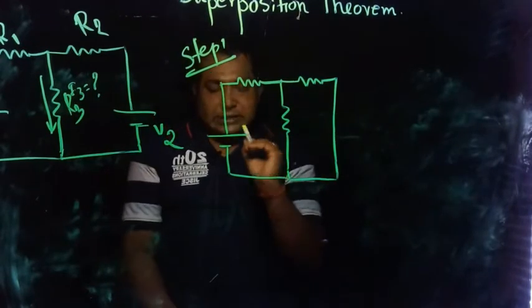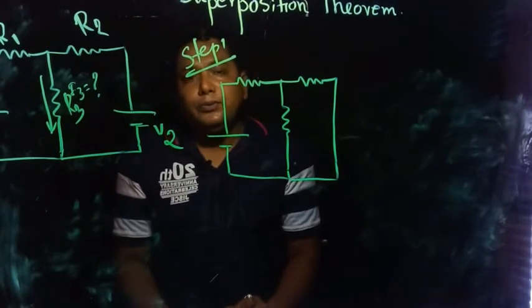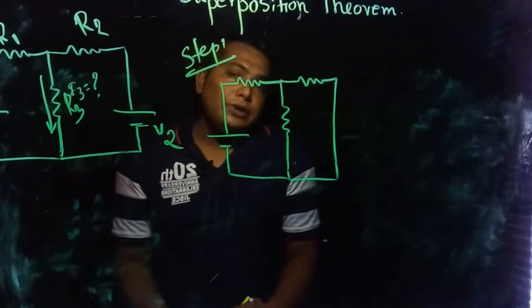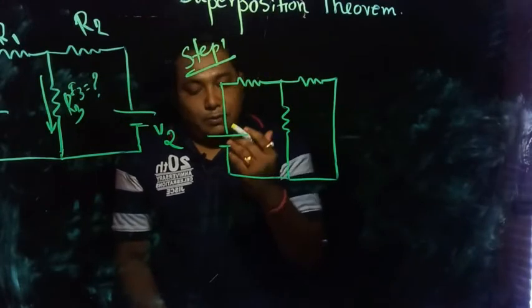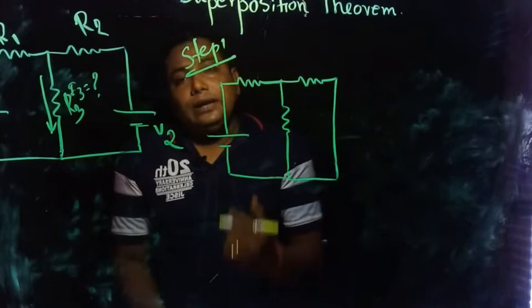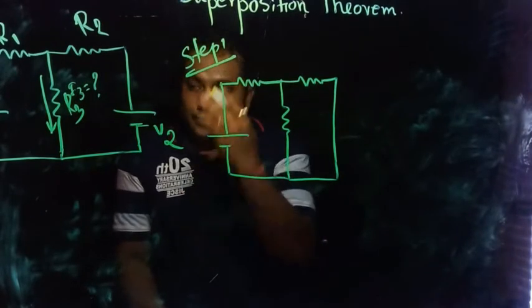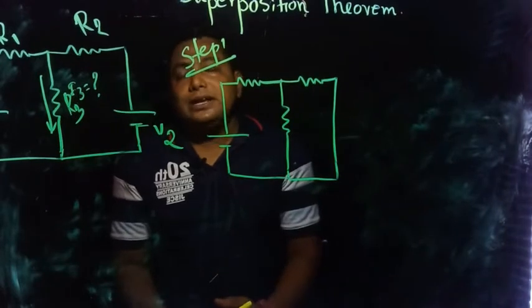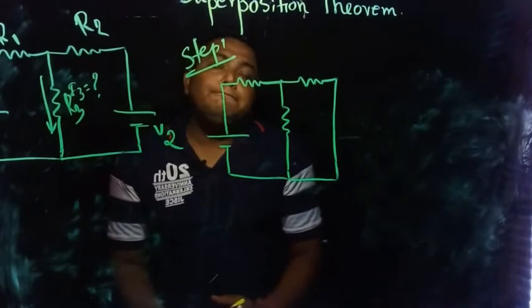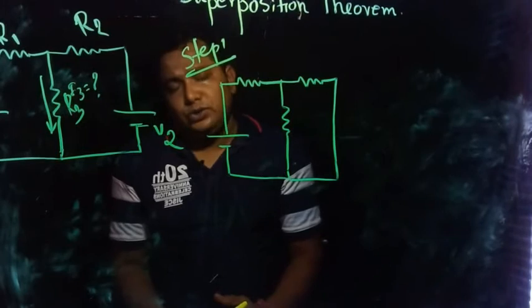It should be mentioned here that when we are removing a source, we have to leave its internal resistance in the circuit. For this particular problem, we have two ideal voltage sources.